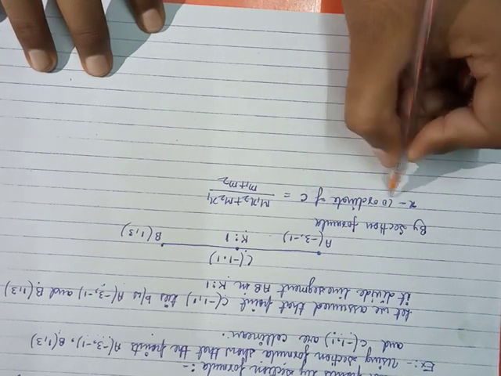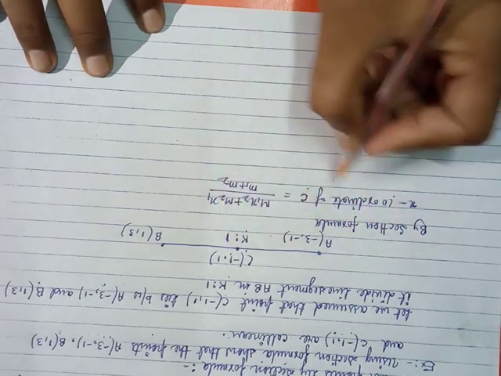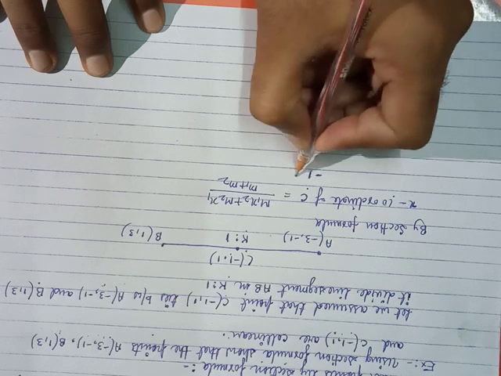We already have the x coordinate of C as -1, so we put -1 here.